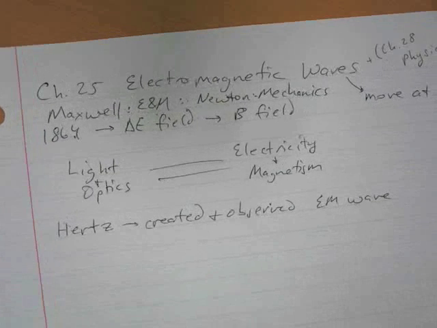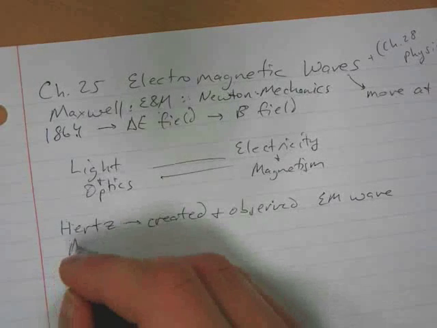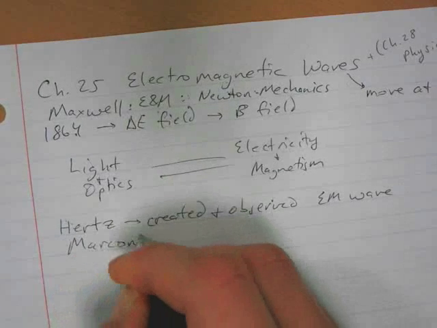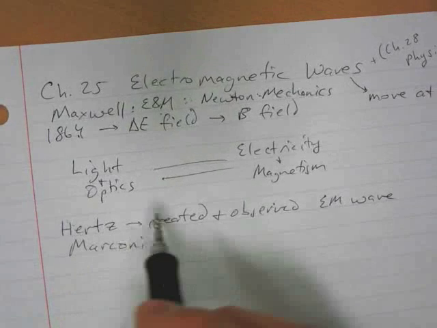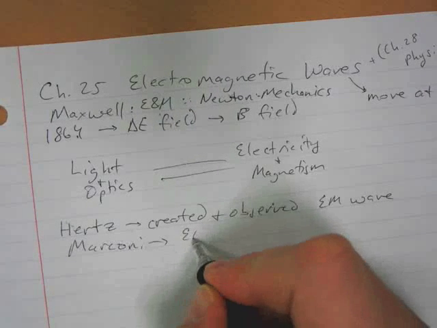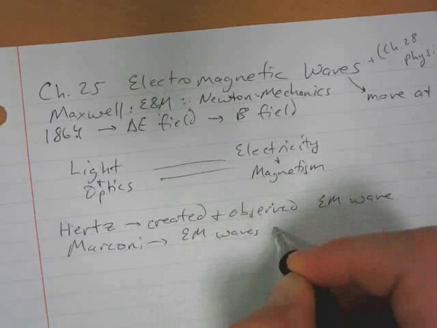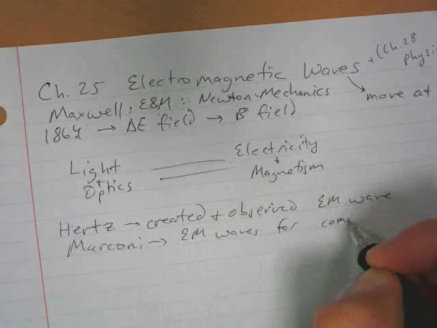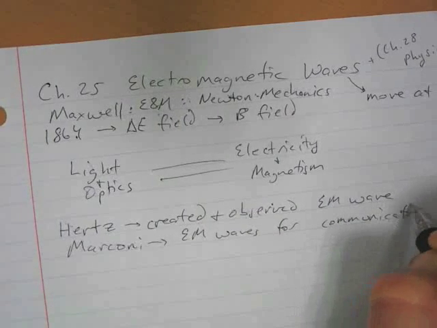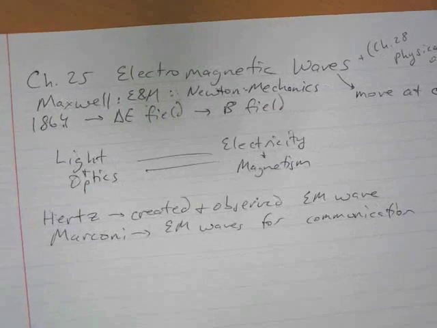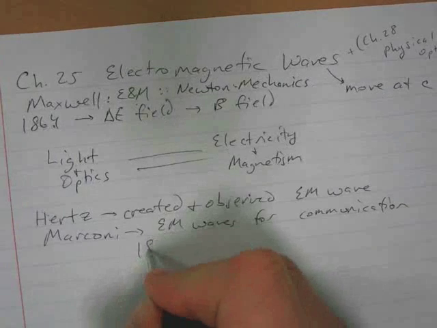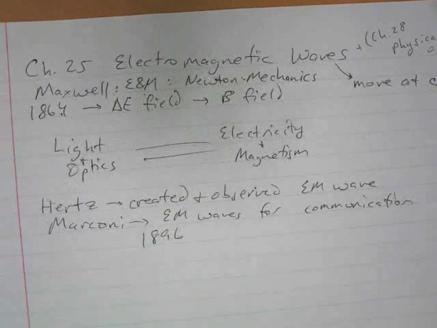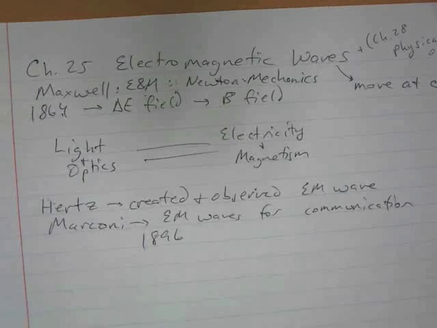And this guy named Marconi, who I'd never heard of before, was the first to come up with the idea of using electromagnetic waves for communication. And in 1896, he was over in Newfoundland, and he successfully received a signal from England.